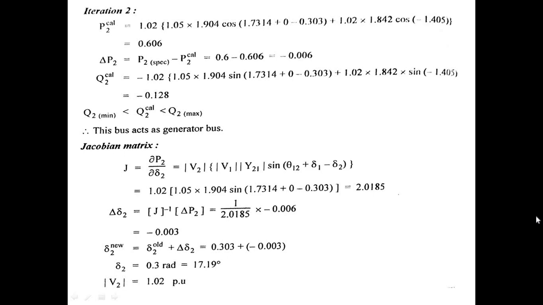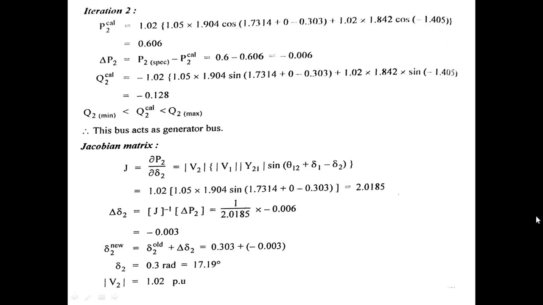Jacobian matrix: J is equal to dou P2 divided by dou gamma 2 is equal to V2 V1 Y21 sin theta 12 plus gamma 1 minus gamma 2, that is equal to 1.02 into 1.05 into 1.904 sin 1.7314 plus 0.303, that is equal to 2.0185.